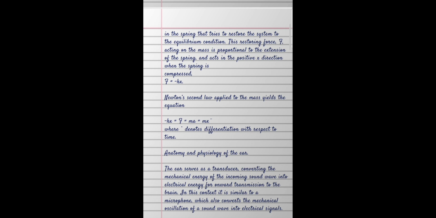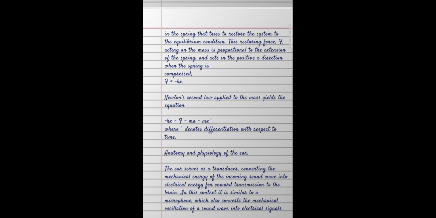Let's study now the anatomy and the physiology of the ear. The ear serves as a transducer that converts the mechanical energy of the incoming sound wave into electrical energy for onward transmission to the brain.